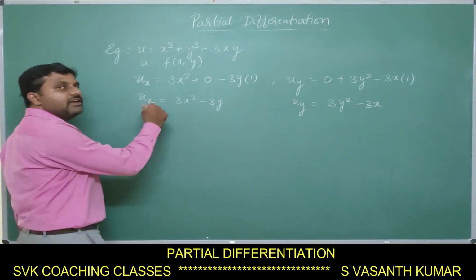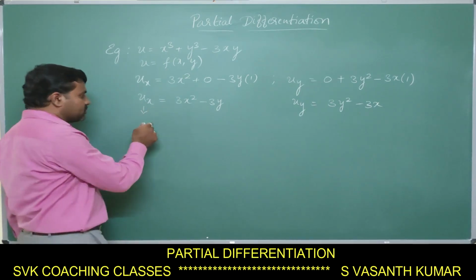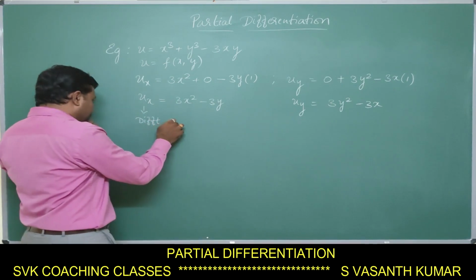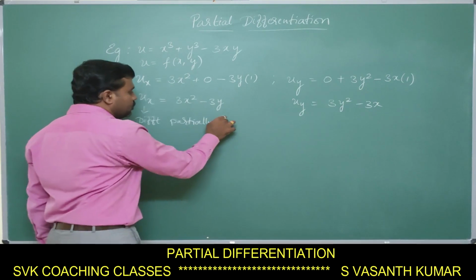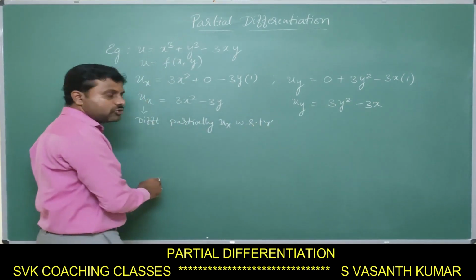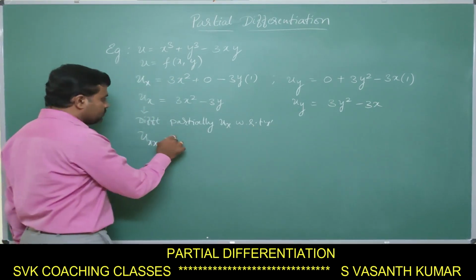Now let us see the higher order derivative. Differentiate ux again partially with respect to x, treating y as constant. So you are going to get uxx, which is nothing but what?